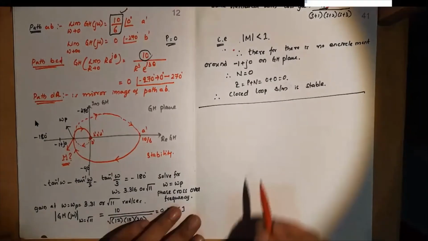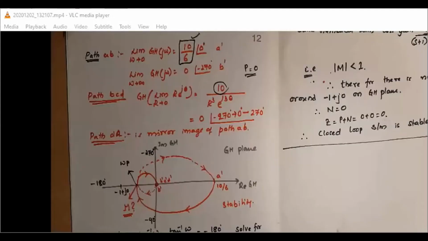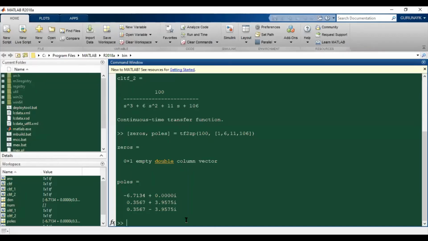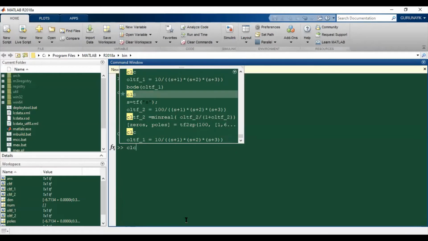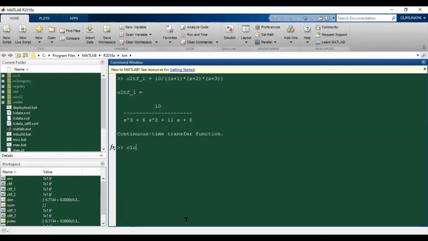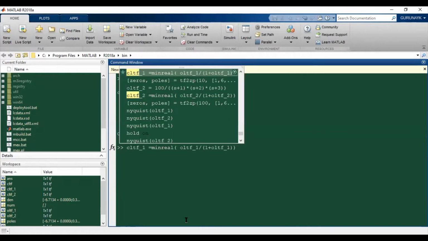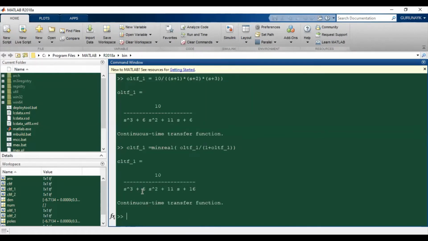So let us quickly cross verify in MATLAB. We have 10 divided by s plus 1, s plus 2, s plus 3, and its closed loop transfer function is 10 divided by s cube plus 6s square plus 11s plus 16.